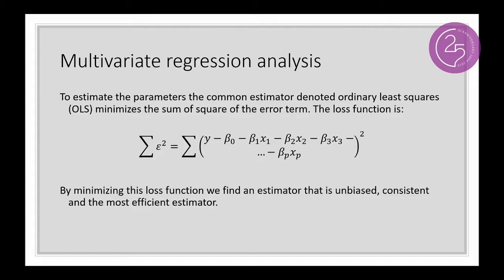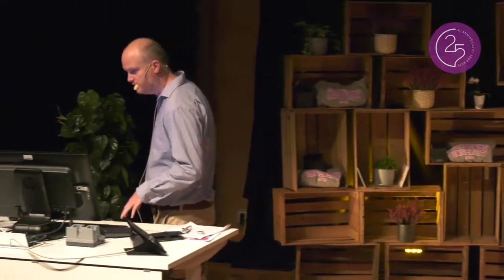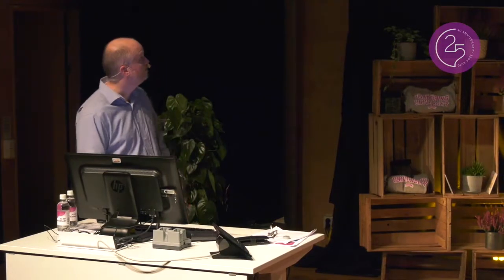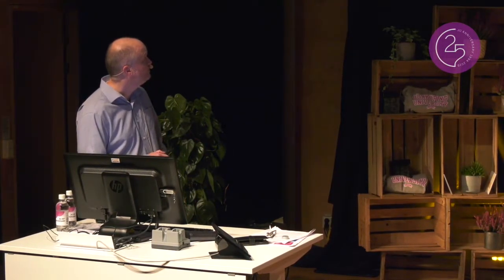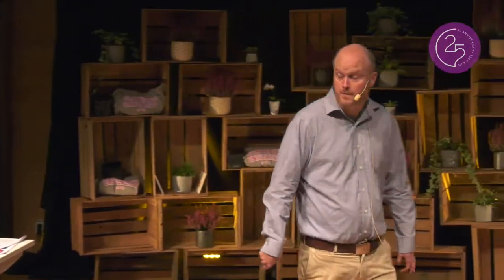And this loss function is not so difficult to minimize. You just take the first derivative with respect to the parameter and set that first derivative equal to 0. So you can, for example, take the first derivative with respect to beta 1, set it equal to 0 and solve for beta 1.